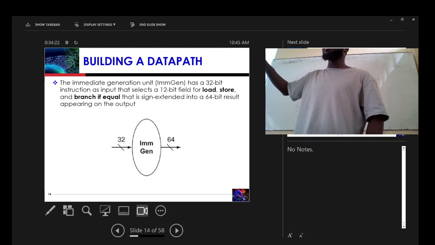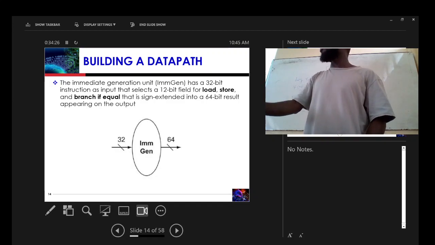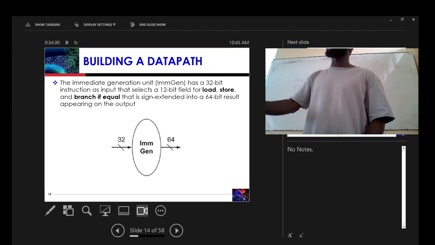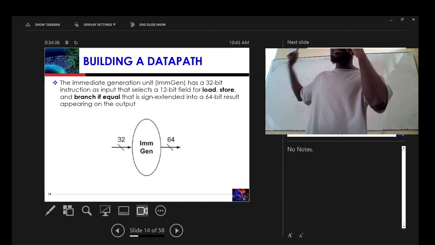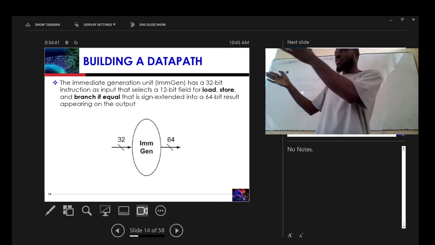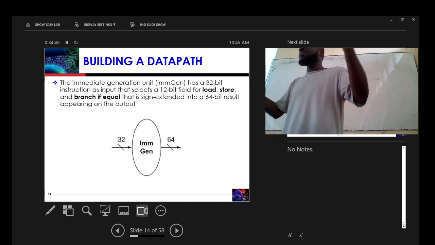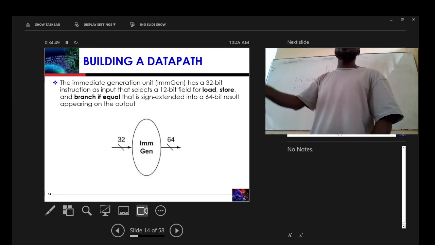The 10 is the immediate, so you are extending that 10 to 64 bits. Here it is taking 32 bits, which is the entire instruction, so it is not extending the entire 32 bits. It goes through the 32-bit instruction and finds the immediate field, which is about 12 bits, and you extend that 12 bits to 64 bits.